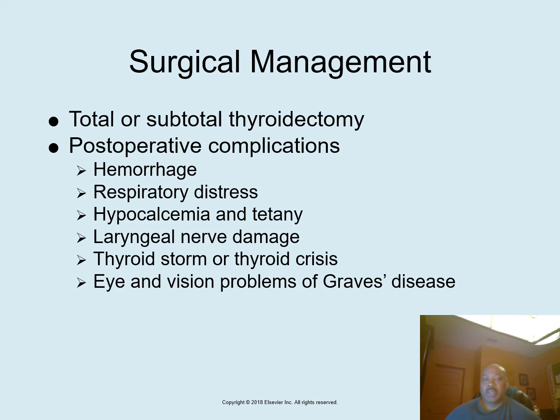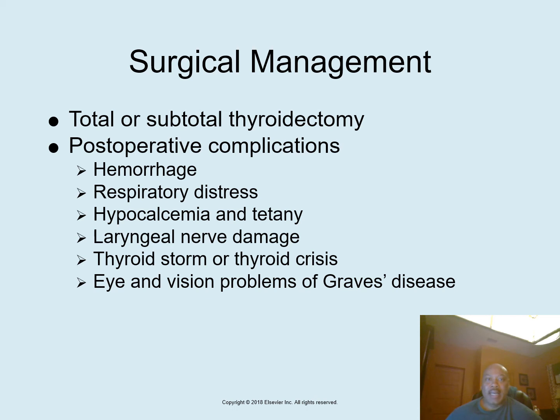What you're trying to do is bring about a near normal thyroid function, or what we also call euthyroid, before surgery. So we want to get the thyroid as near normal before surgery as possible with this particular drug.